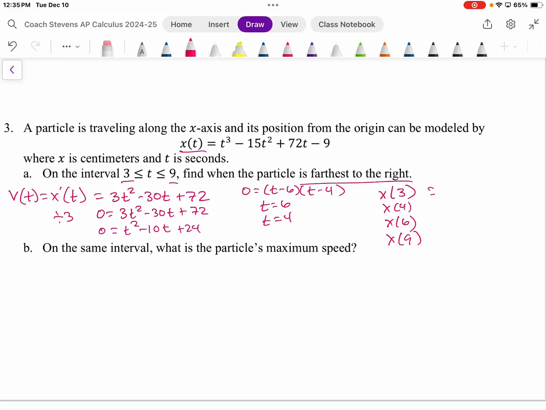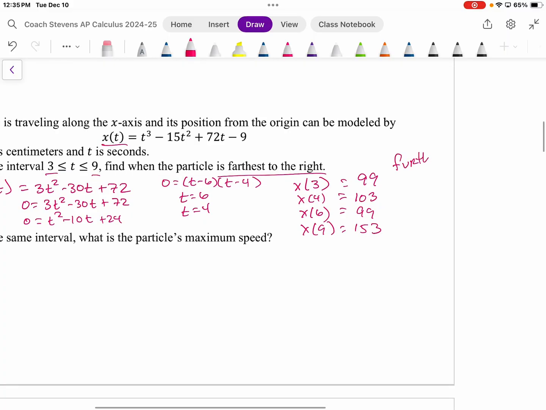And then go over to second graph to the table. And then we put in our numbers, 3, 4, 6, 9. When it was 3, it was 99. When it was 4, it was 103. When it was 6, it was 99. And at 9 seconds, 153. When am I furthest to the right?